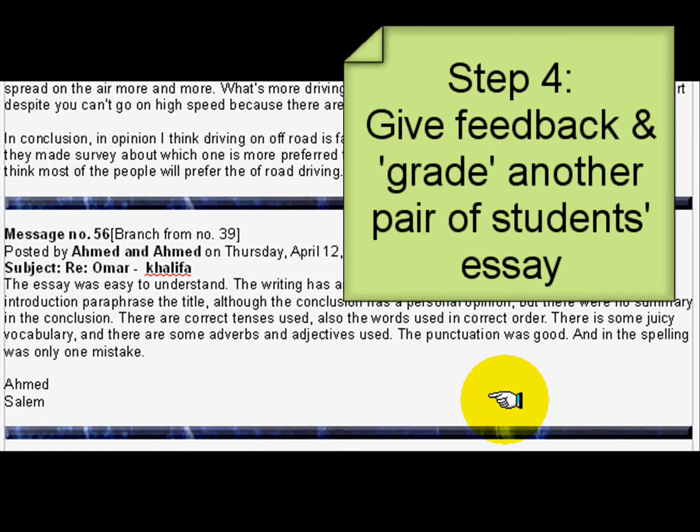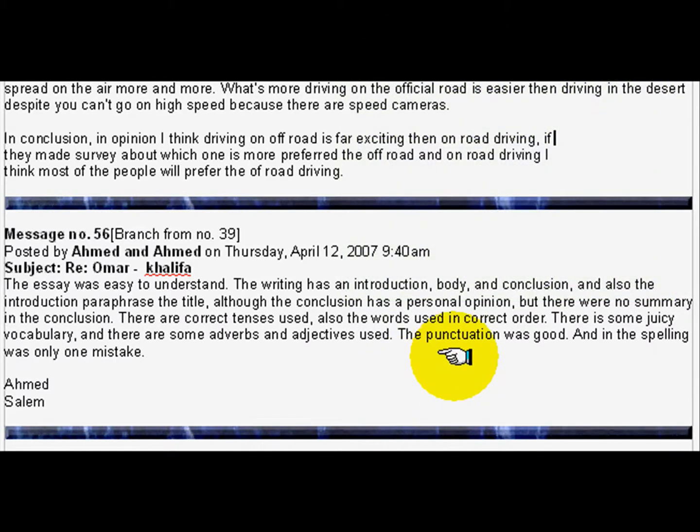The next step was students would post their essay and then be given another pair's essay to go and review. Now, we wanted students to be scaffolded in the review process as well, because it's quite a tricky one. And also students would sit there and say, well, it's not our job, it's the teacher's job to go and mark this essay.